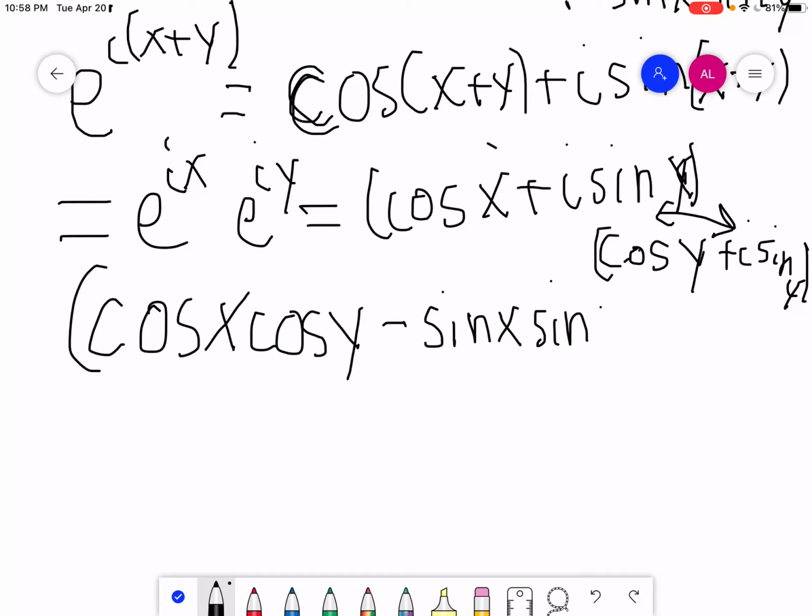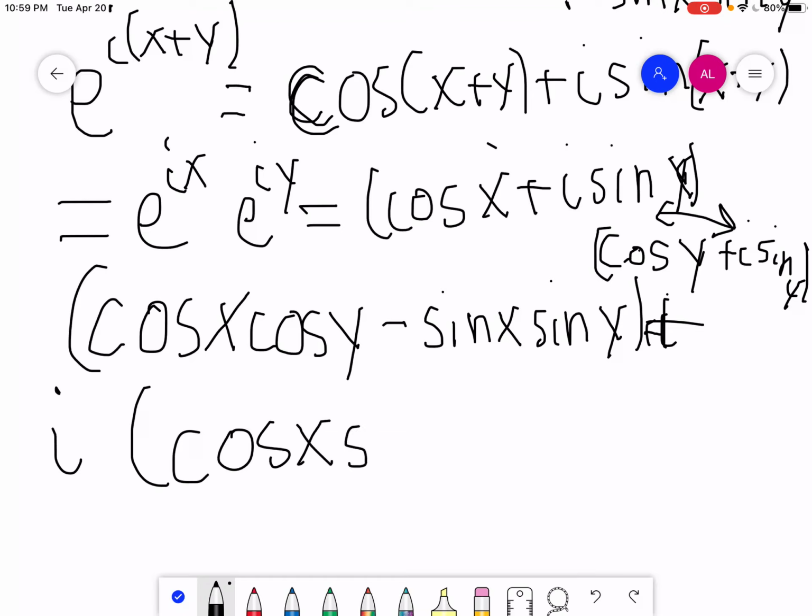And in the imaginary part, we get i times cosine x sine y plus sine x cosine y.